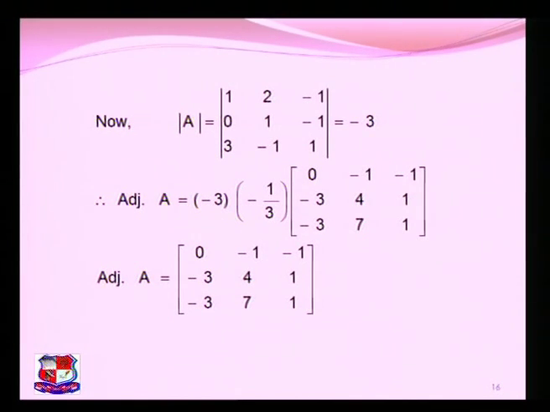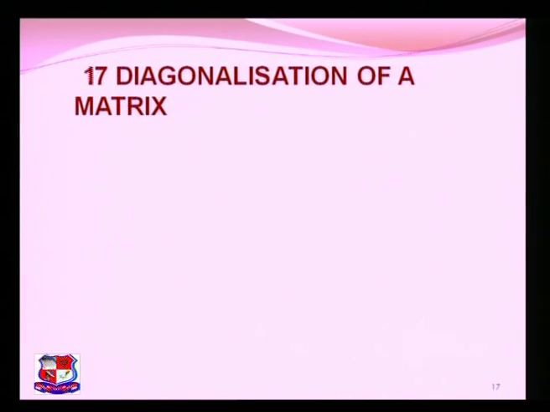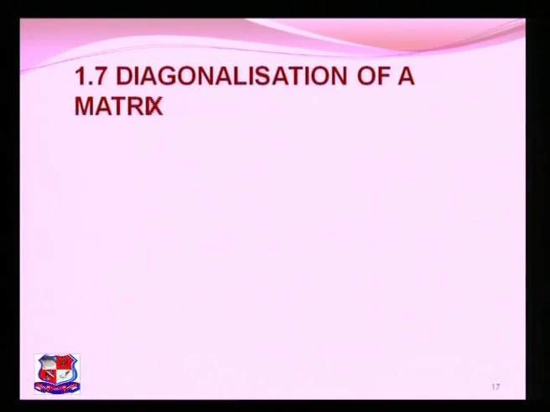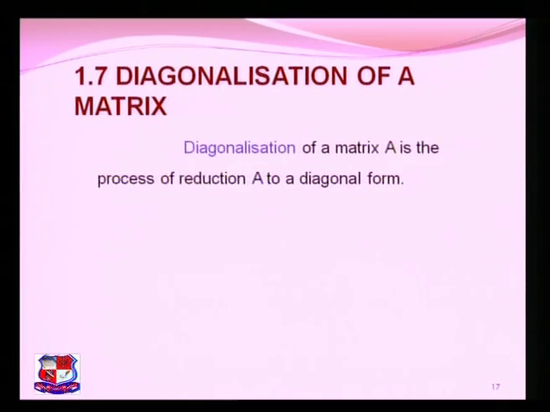So now let us look at the diagonalization of a matrix. This is about how to find the diagonal matrix for any matrix A. Diagonalization of a matrix A is a process of reduction of A to a diagonal form.